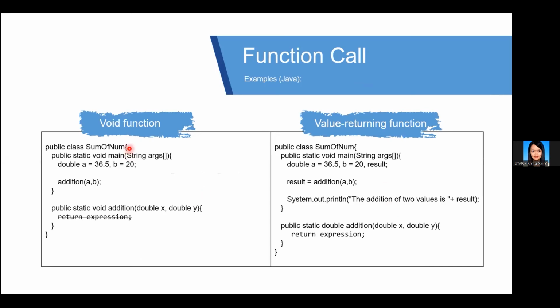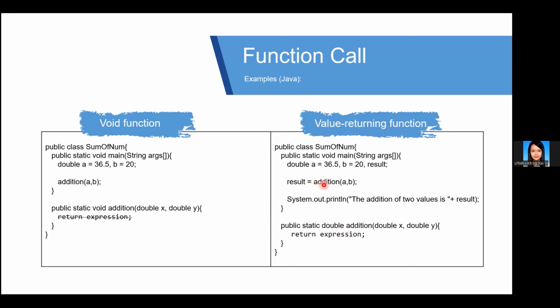For a void function, you see that we don't need to include any return expression, which means no need to include any return statement to return the value to the function caller. And for a value returning function, the same thing applies: you have to make sure that you have indicated the return type, and then you have to include the return statement to return the return value to the function caller in the main function. Okay, so the concept is actually the same.